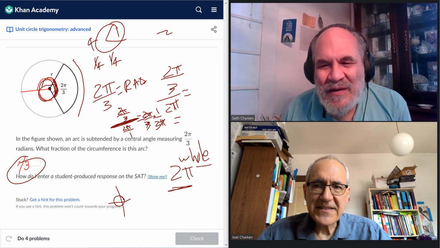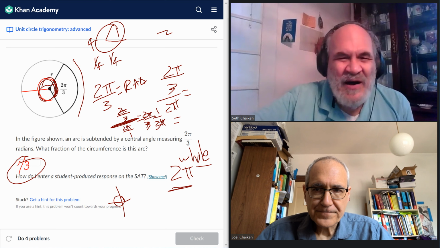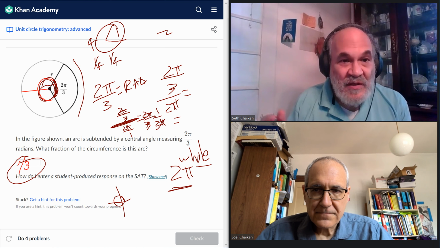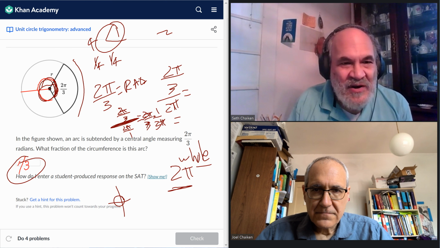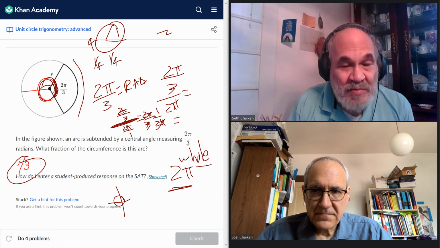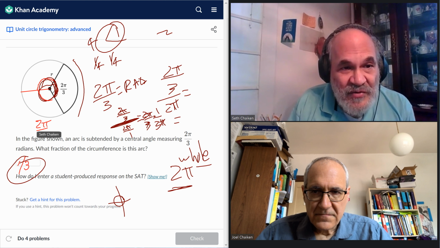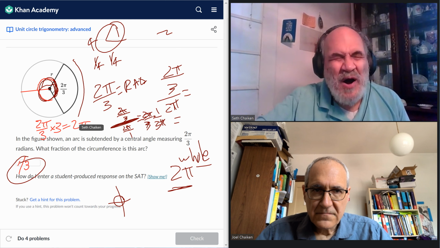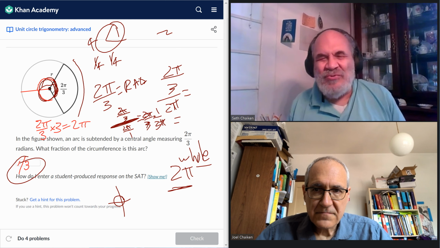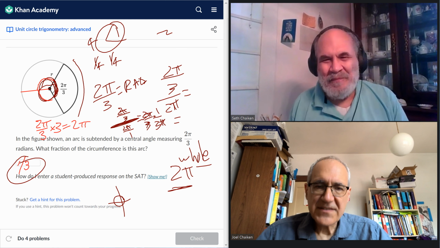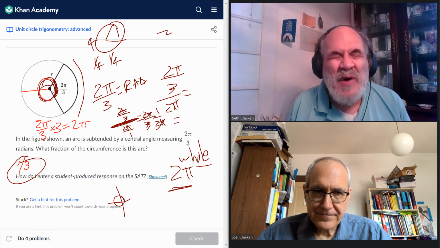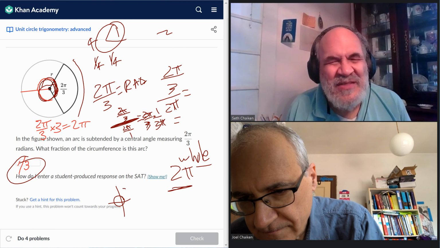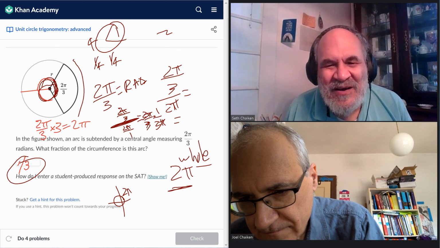You could verify that if you multiply what's given, 2 pi over 3, times 3, you get 2 pi. 2 pi is the angle around the whole circle. So 2 pi over 3 is 1/3 the angle around the whole circle.